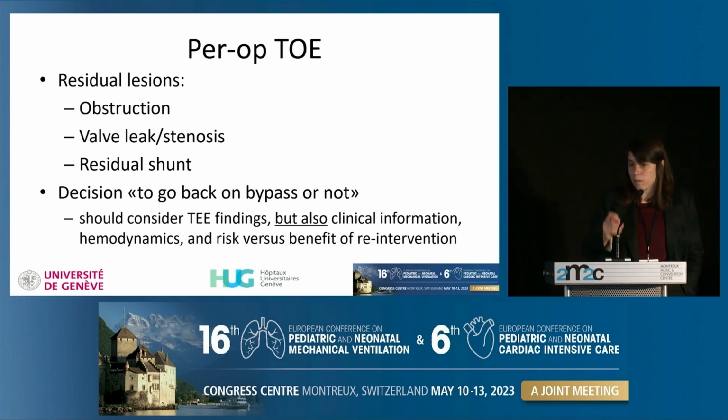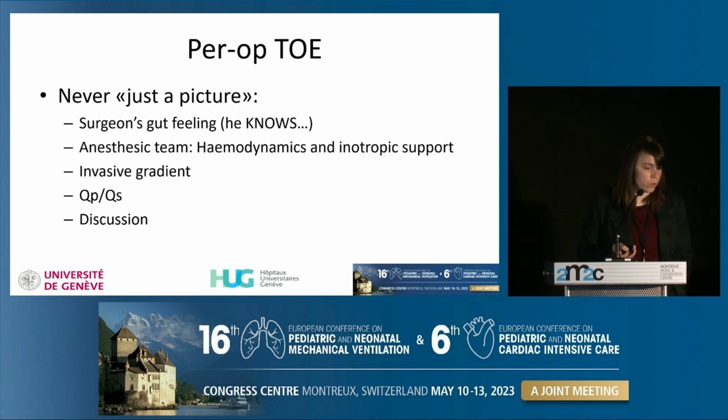The surgeon can measure the pressure into the right ventricle, into the PA, and see if the invasive gradient is as much as what you see on TOE. And if you have a residual shunt, for example, you can do a QP/QS with the anesthesiologist and with the surgeon, and you can decide if that needs to be addressed or not. So it's not only TOE finding, but really incorporate that into the clinical situation.